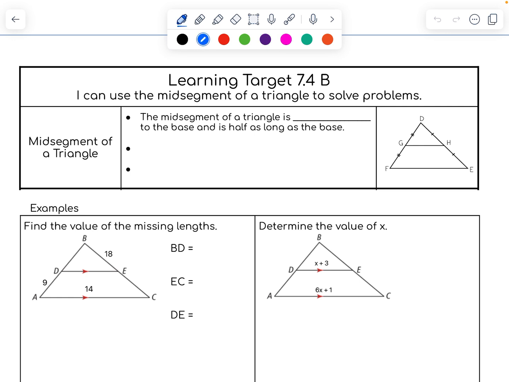So let's start there. The mid-segment of a triangle is parallel to the base. Okay, so it's parallel to the base, and the mid-segment equals half the base.